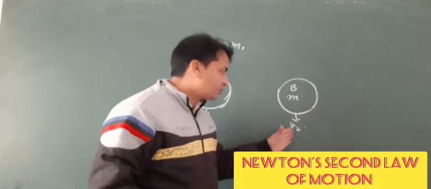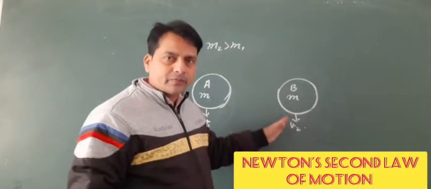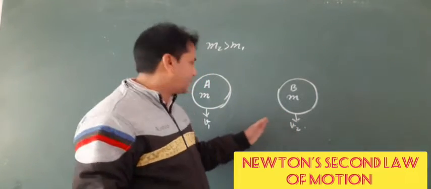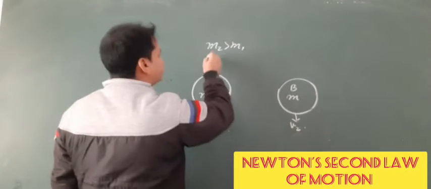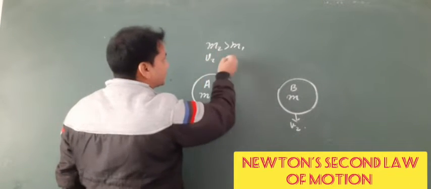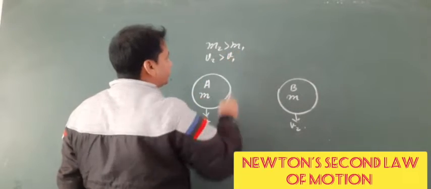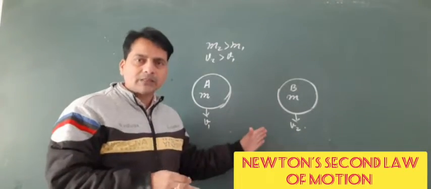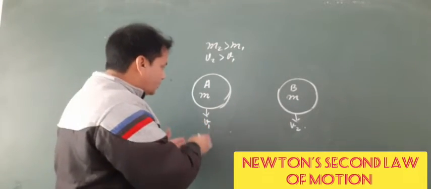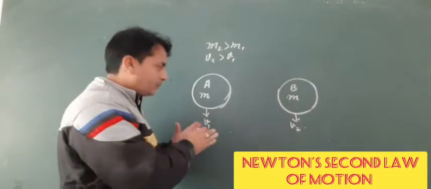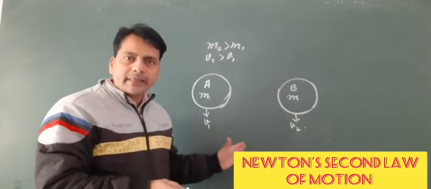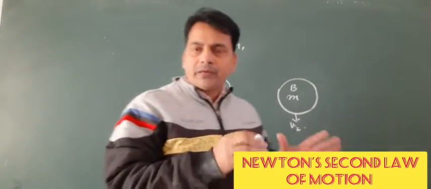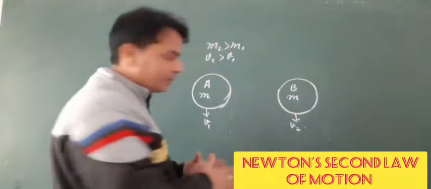The higher force is required to stop object B, because the velocity of object B is greater than object A, then V2 greater than V1. So it is clear that force is directly proportional to the mass, and force is directly proportional to the velocity. So the force depends on the mass and velocity of both objects.